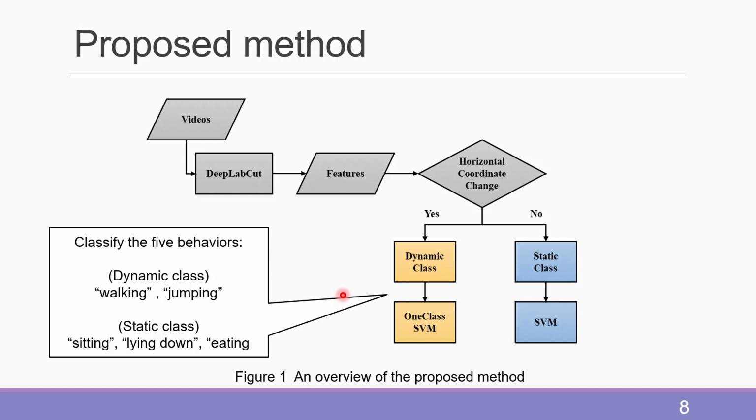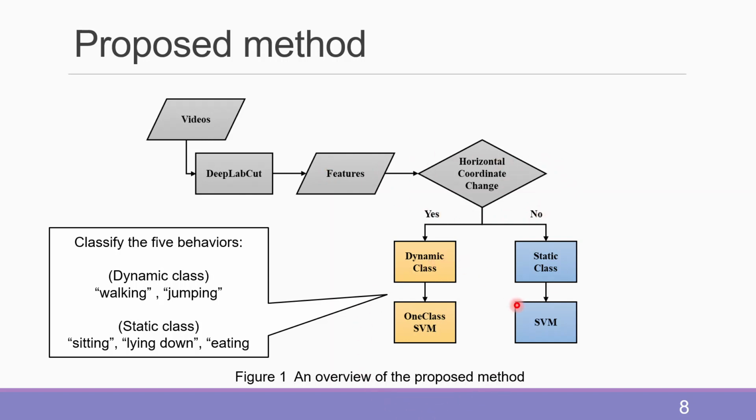The proposed method is divided into 3 steps. First, estimate the posture of a cat in an input video using DeepLabCut. Second, calculate the features of the posture in each frame. Finally, classify behaviors using a class classifier.